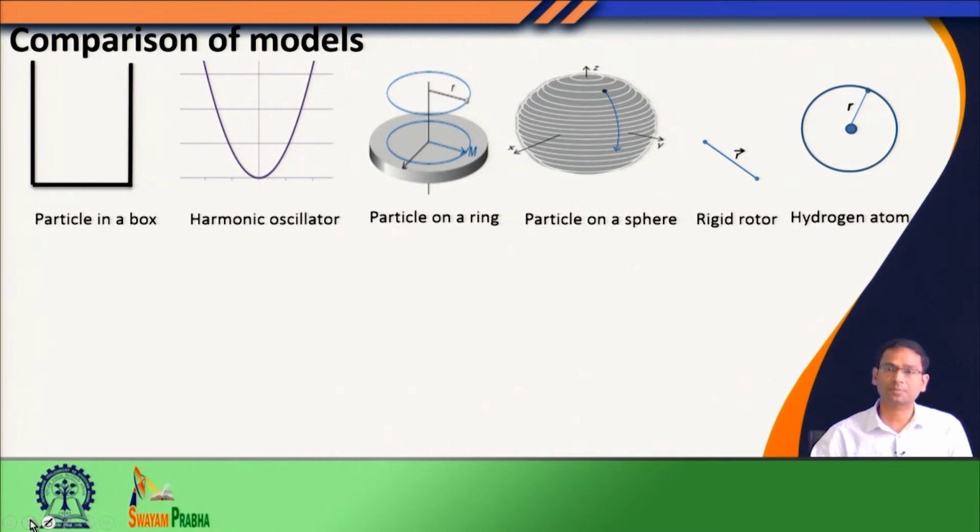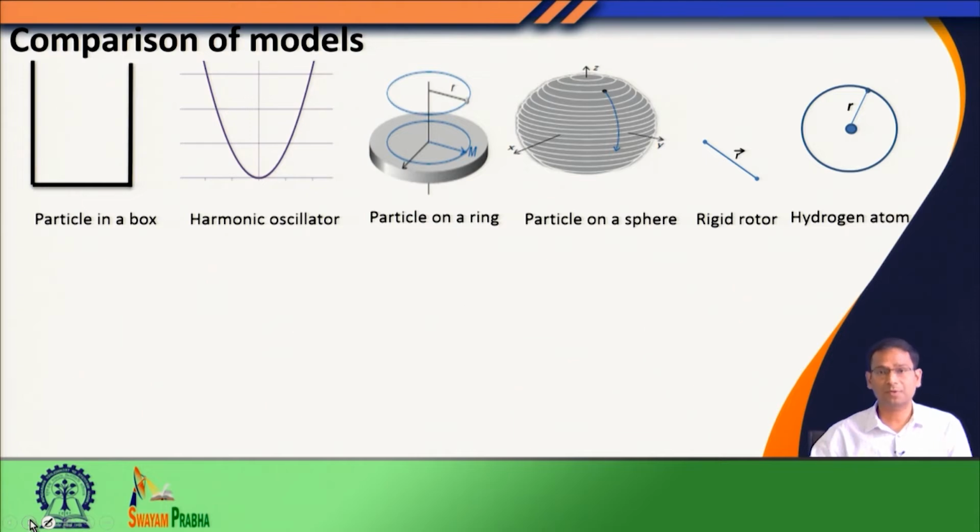So, the problem that we solved was simpler than a typical molecule, but in several cases, where conjugated systems are there, the pi electrons and sigma electrons are separable. So, we can treat, for example, delocalization of pi electrons effectively with a particle in a box kind of problem.